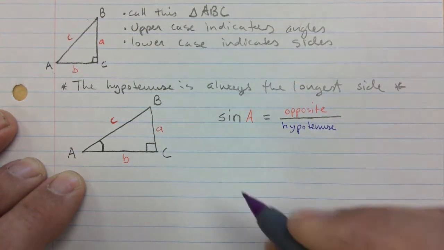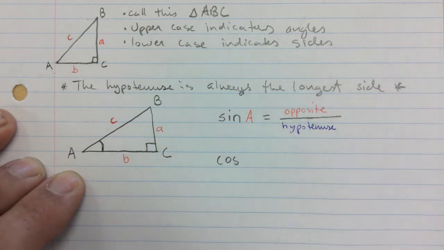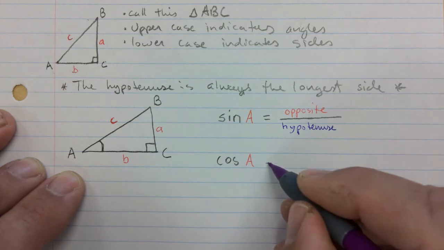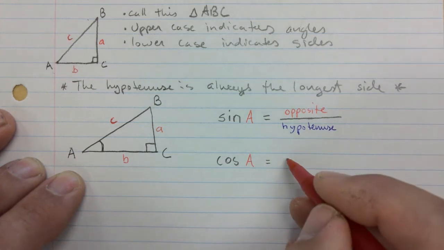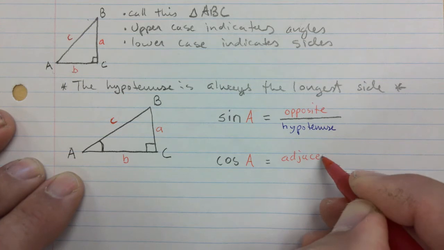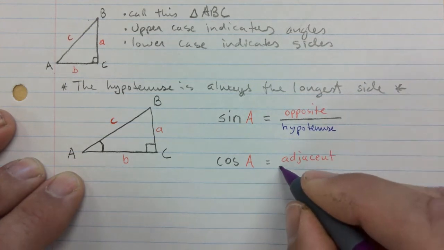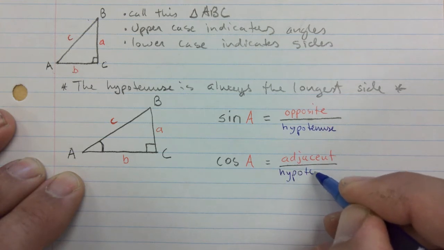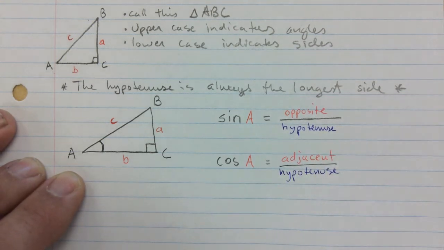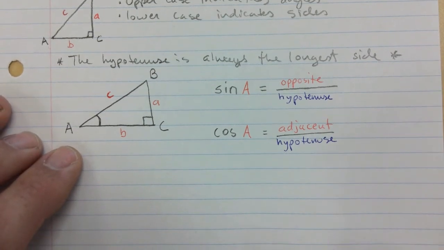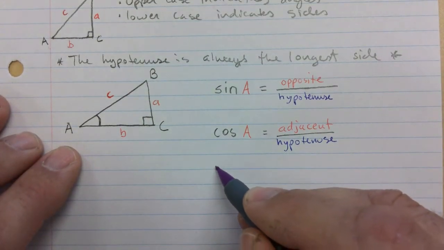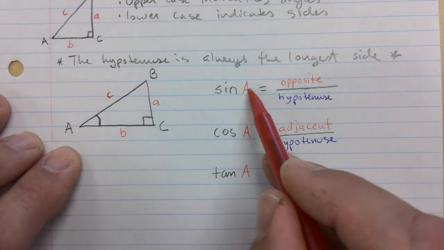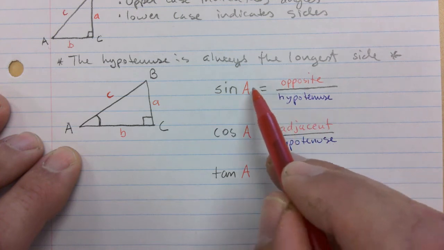Okay. The cosine of angle A would be the adjacent side divided by the hypotenuse. And the tan ratio of angle A, these three here will eventually be numbers, okay?